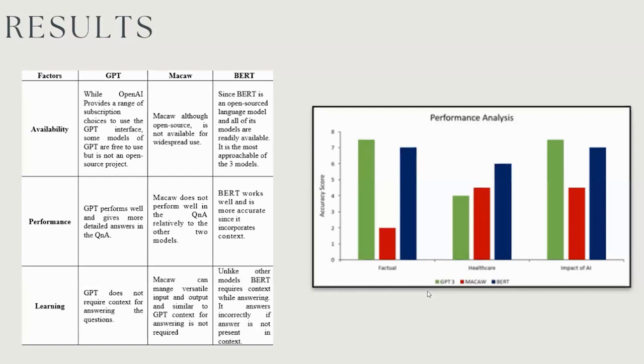Then in the learning process, for GPT we do not require context. For Macaw also we do not require context. Macaw is trained on multi-angles, so while providing input, we can also provide it with the question, answer, slots and options.